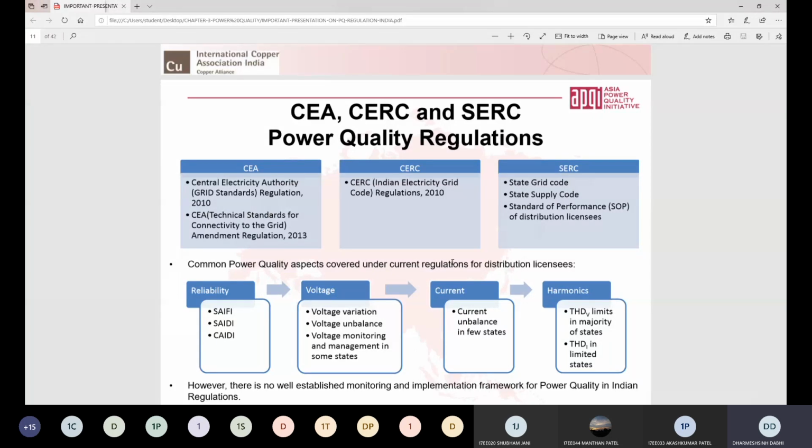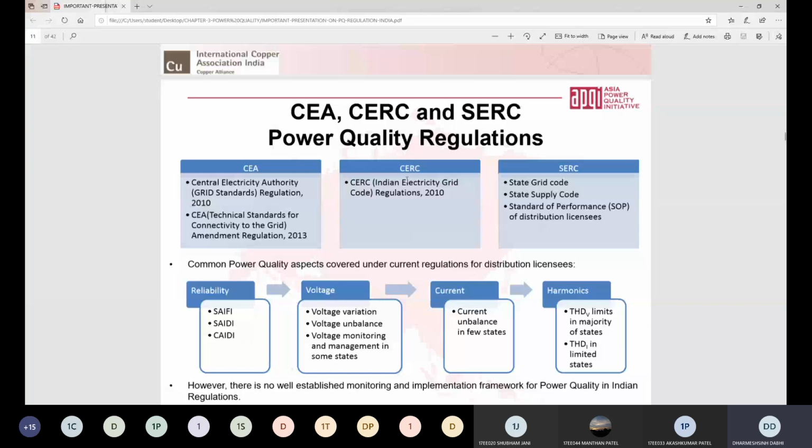Then, its main objective is to establish technical standards and create the database for the power sector by registering all the generating units of more than 0.5 megawatt, and to ensure the safety and security of the power system. So that is the role of CEA, under the Ministry of Power, Government of India.